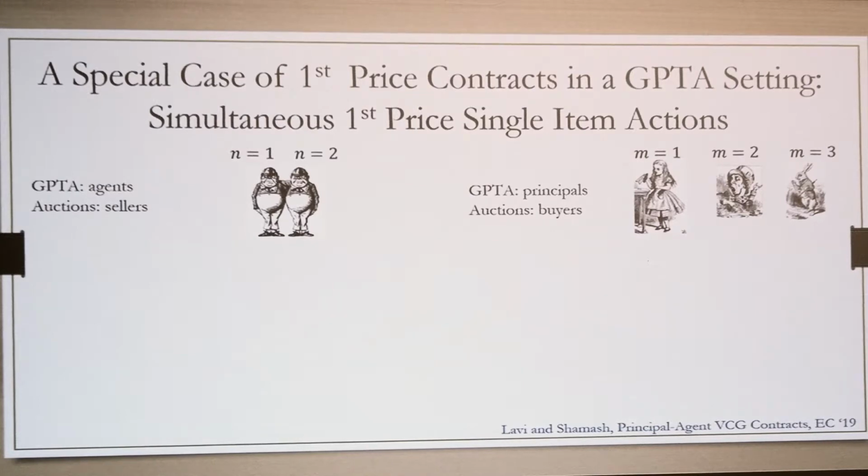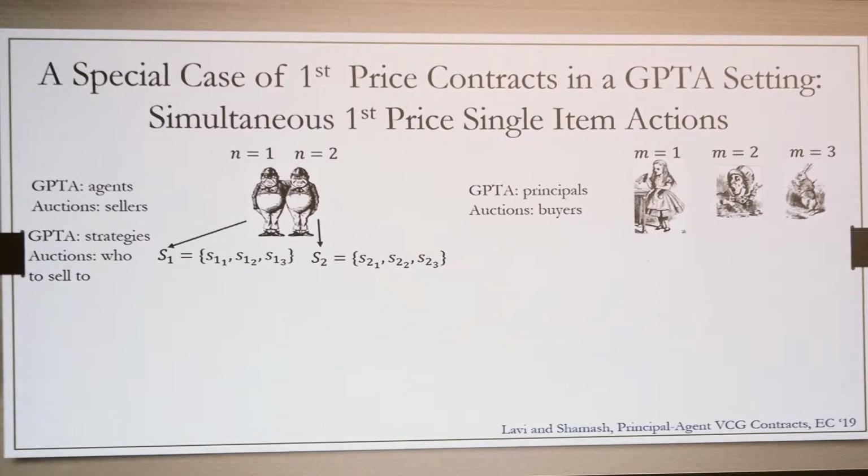Each buyer is interested in buying a set of items. Each agent's strategy would be to sell their item to a specific buyer. Say S11 would be selling agent 1's item to principal 1. And each principal has an evaluation for each bundle of items.